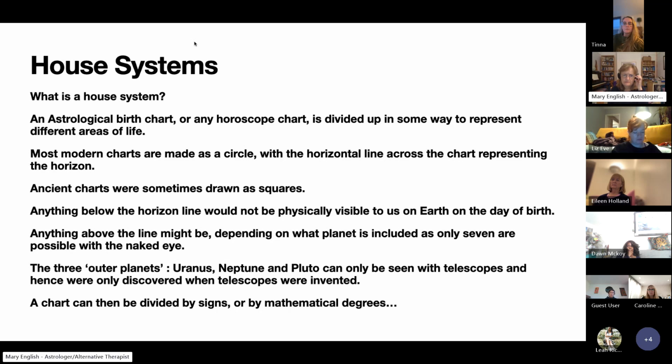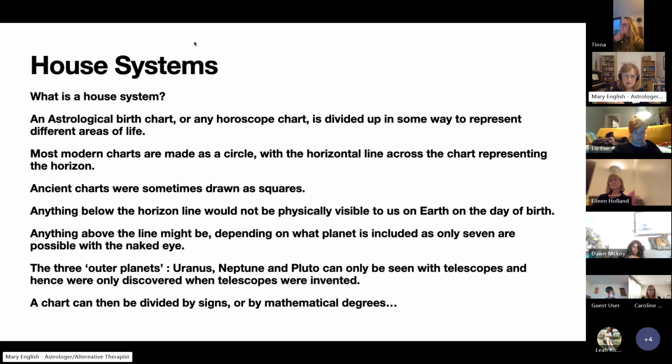So what's a house system? An astrological birth chart, everyone hopefully will have had theirs emailed to them, is divided up in some way to represent different areas of life. Modern charts are made as a circle with a horizontal line across the chart representing the horizon. Ancient charts were sometimes drawn as squares.